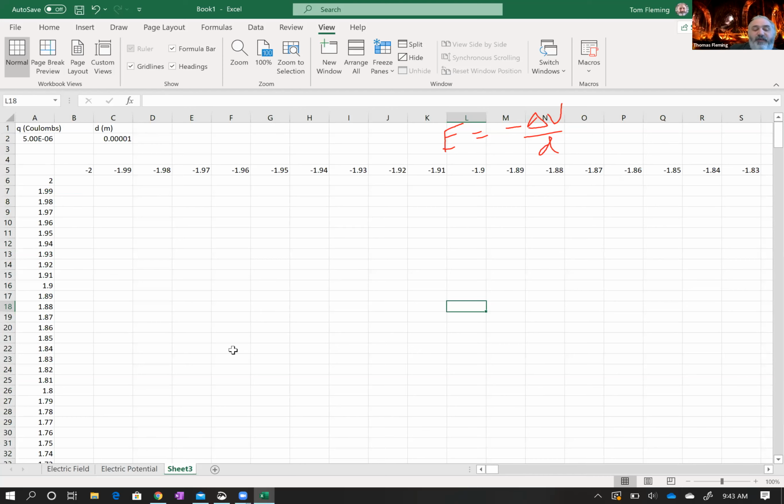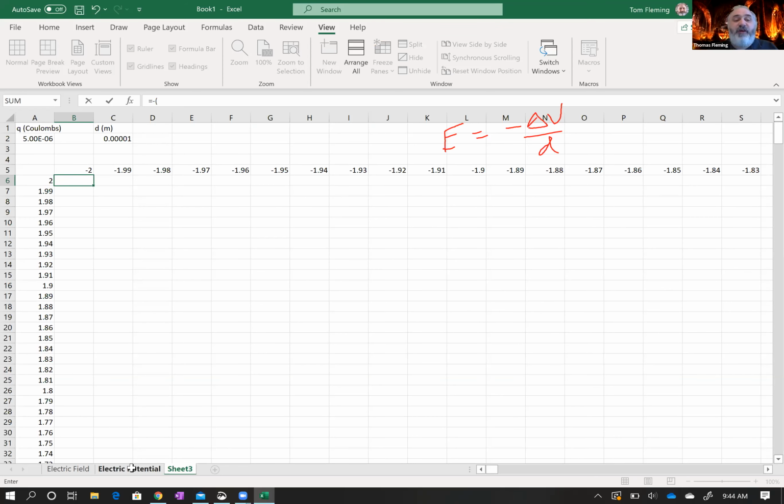And what I'll be doing in this one is in this cell here, see, I've clicked on that cell. I want that to be equal to this formula that I have written on the screen, the negative delta V over D. So negative, I need delta V, so I'm going to put parentheses. And of course, the V's that I'm subtracting are on the other sheet, the electric potential sheet. So I'm going to click over on the electric potential sheet.